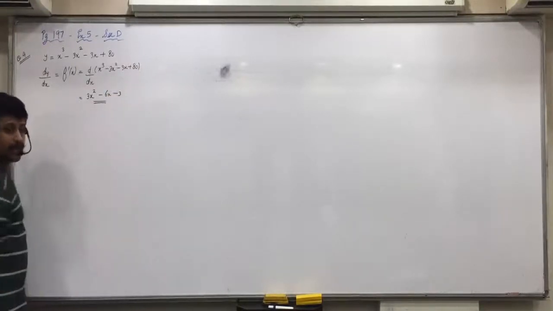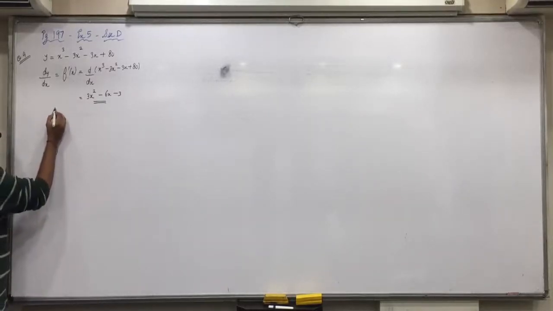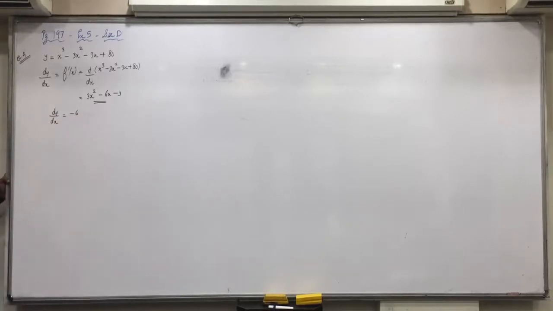Is everyone clear with this? Yes. Now it is asked to you, for which value of x dy by dx equals minus 6. So dy by dx or f of x equals minus 6. Then you are asked for which value of x dy by dx is minus 6.